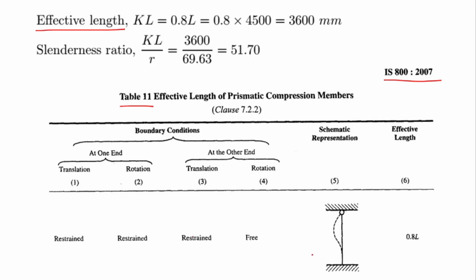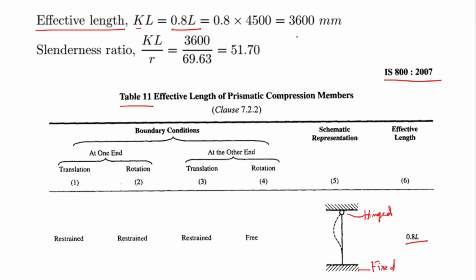So here one end is fixed, and the other end is hinged, and effective length is 0.8 L. So effective length in this case will be 0.8 L, means the value of K is 0.8.